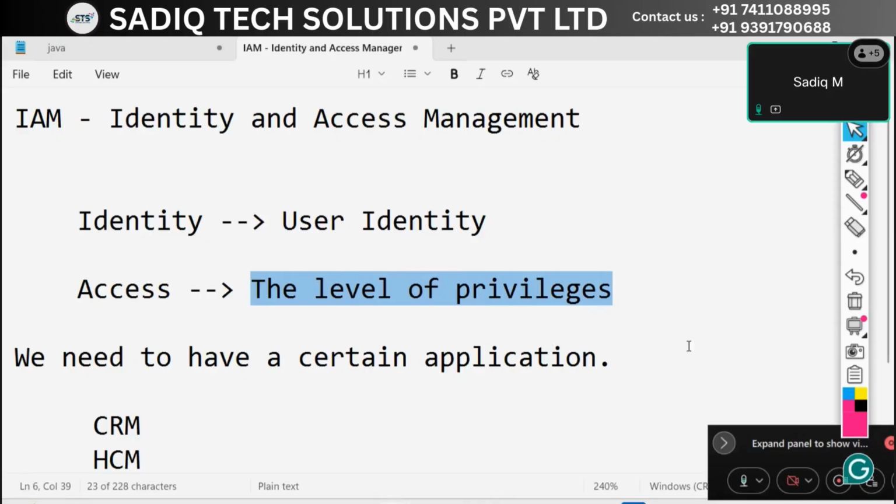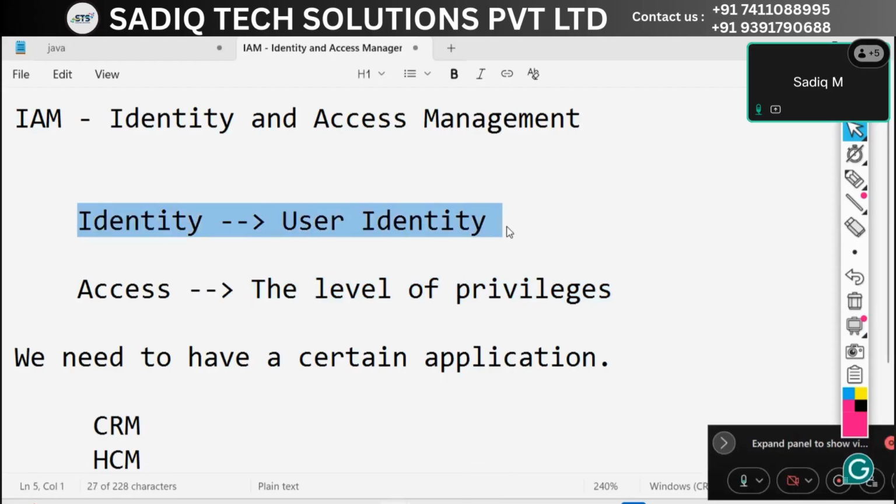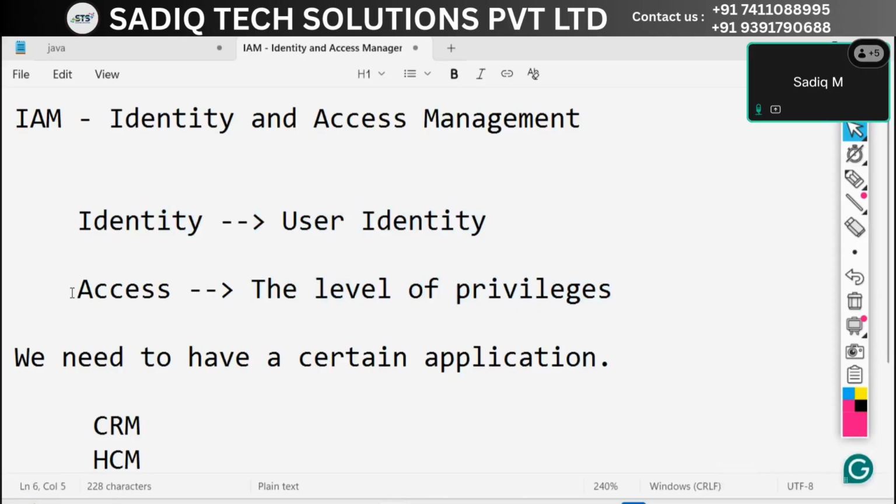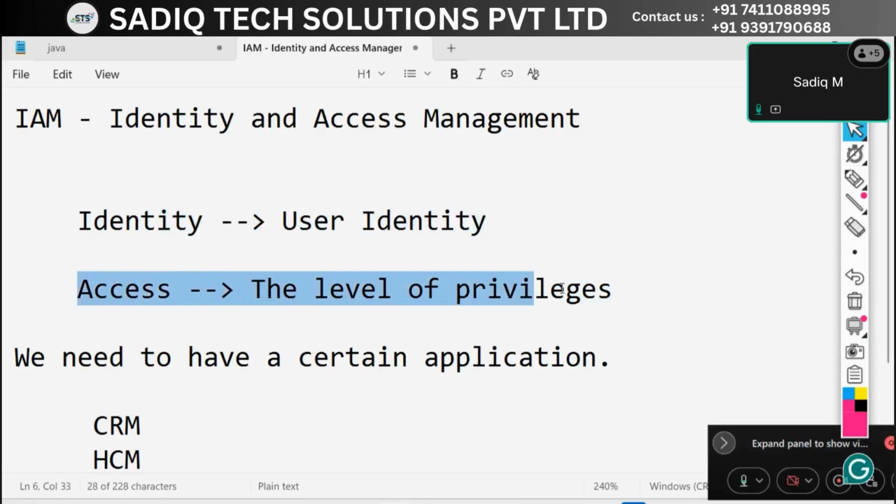So with the IAM framework, I am maintaining identity, usernames and passwords, and also managing the access of the users for different applications of the organization. Every organization today is using IAM solutions.